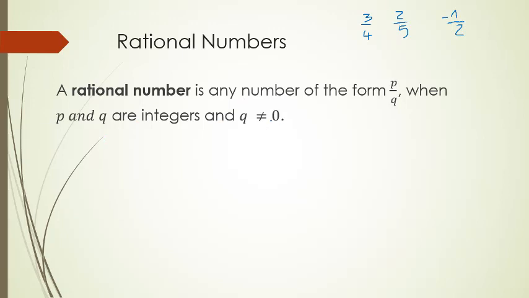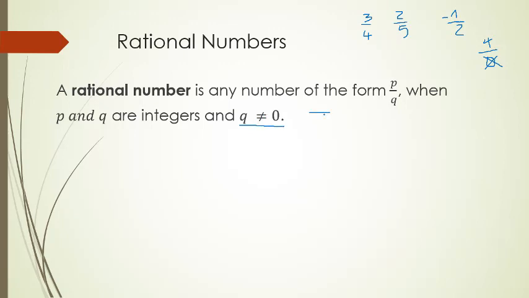And also, Q should not be equal to zero, or Q does not equal to zero. Remember, if you have something with zero as the denominator, this isn't a rational number. Okay, you can't have zero as a denominator. This is why they say that Q does not equal zero.